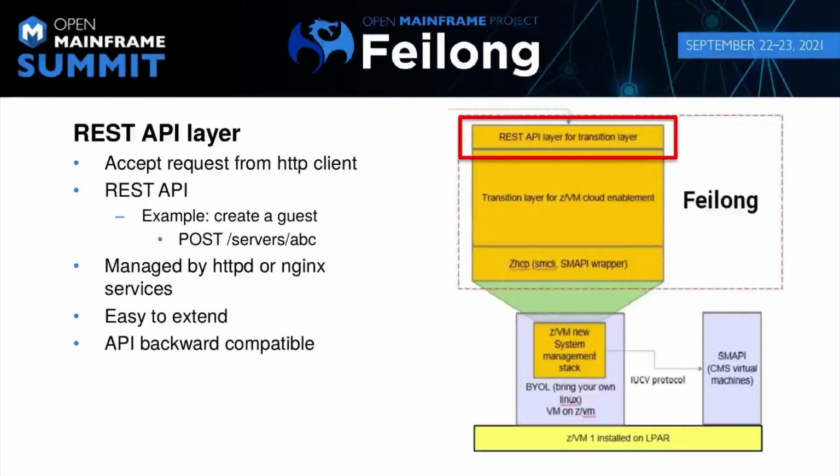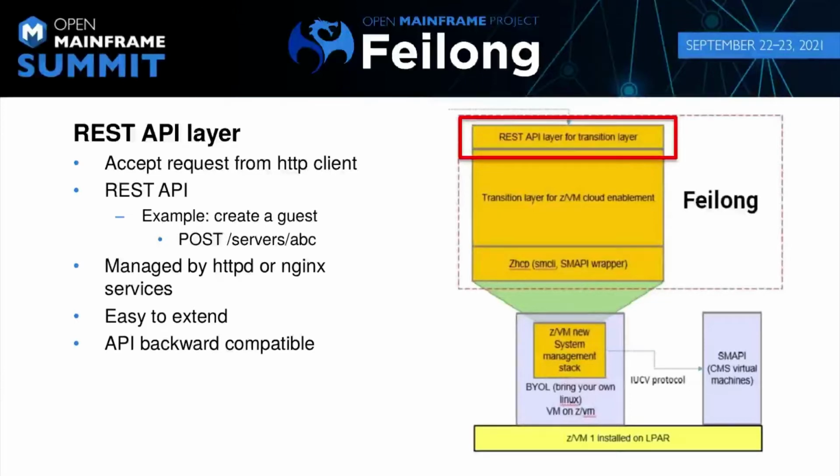The HTTP client makes a REST API call to a URL, and that URL points to the REST API server and passes some information. In this example, it's doing an HTTP POST to /servers/abc, and what that does, it will create a guest.